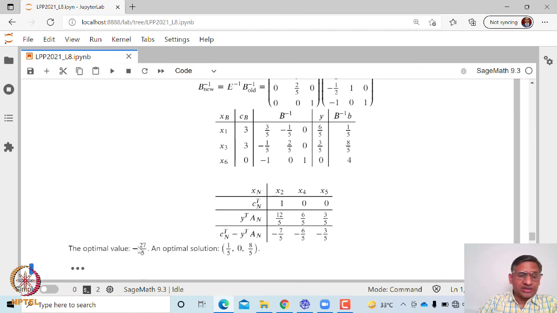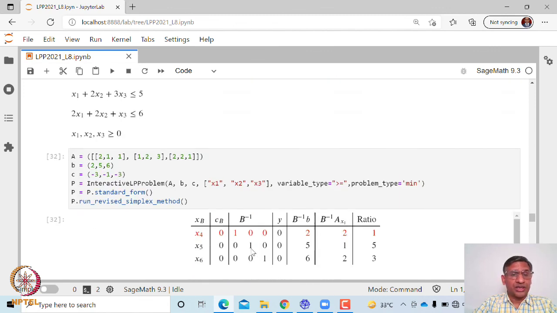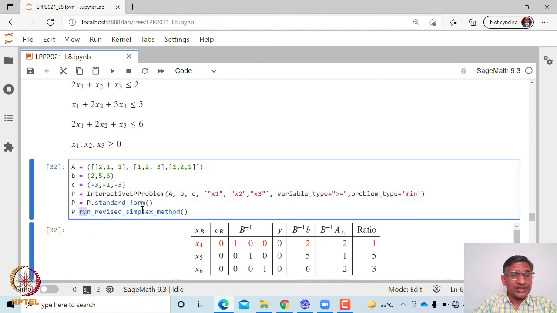In this case the maximum is -27/5 because the problem was minimization type, and the optimal solution occurs at 1/5, 8/5.